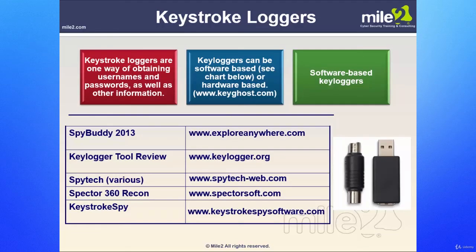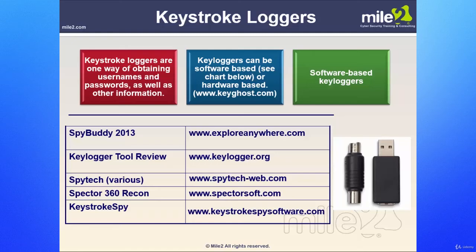So when it comes to keystroke loggers, again, keystroke loggers are basically one way of obtaining the username and passwords as well as other information. We can get screenshots and all kinds of other things with that. They can also be software based and also hardware. So mainly when we're looking at some of these, you have SpyBuddy 2013 for instance, Keylogger tool review at keylogger.org. You have SpyTech, you go to spytech-web.com.